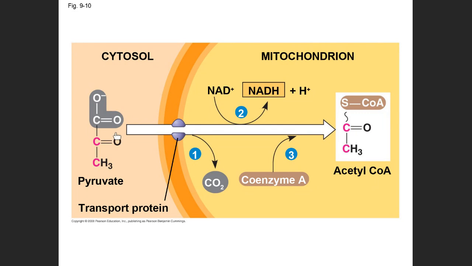So remember, there are two pyruvates, so this happens twice. So we have 2 molecules of CO2 get released, 2 molecules of NADH are produced, and there are 2 molecules of acetyl coenzyme A, which can now enter into the Krebs cycle.